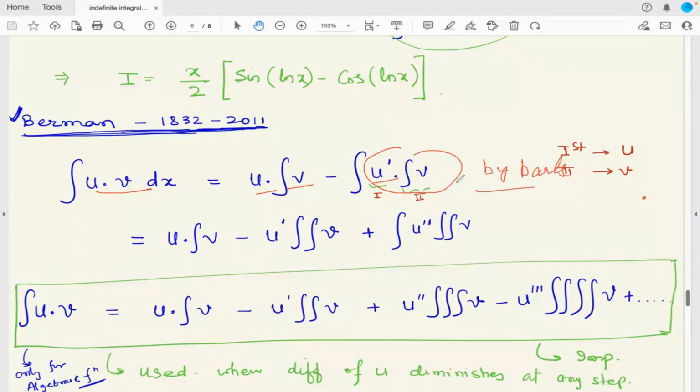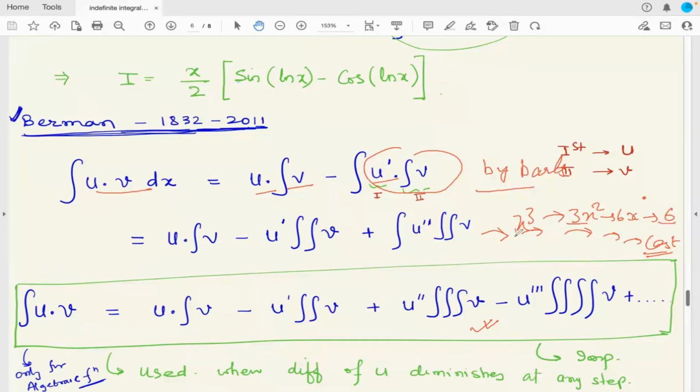So now, if there is a function whose differentiation diminishes at some step, basically what it means is a function which, differentiated continuously, becomes a simpler function, and after continuous differentiation we get a constant value. And this formula is only valid for an algebraic function, because if we take x cube and continuously differentiate it, we first get 3x square, then differentiating again we get 6x, differentiating once more we get 6.